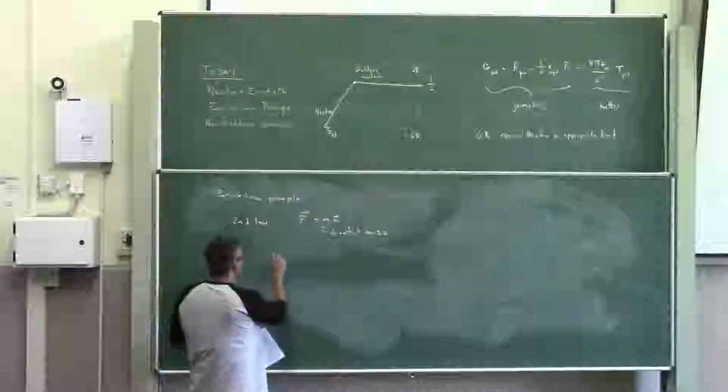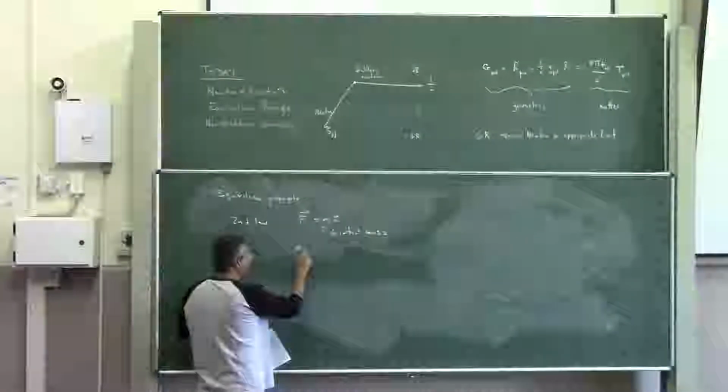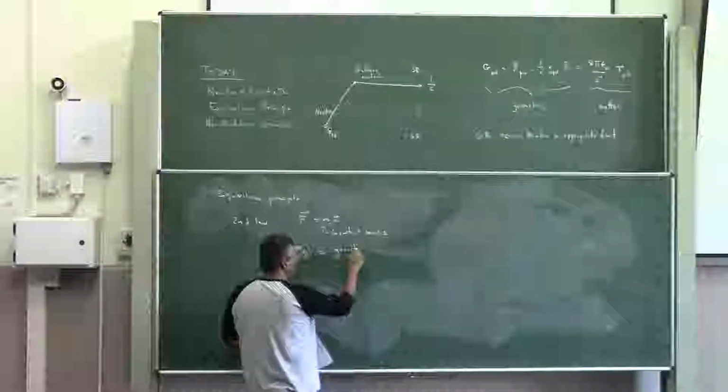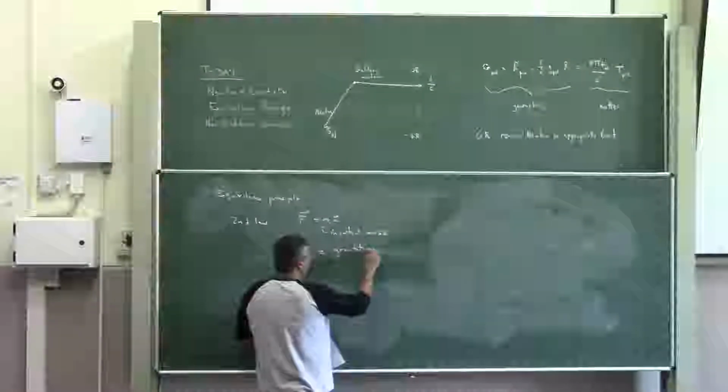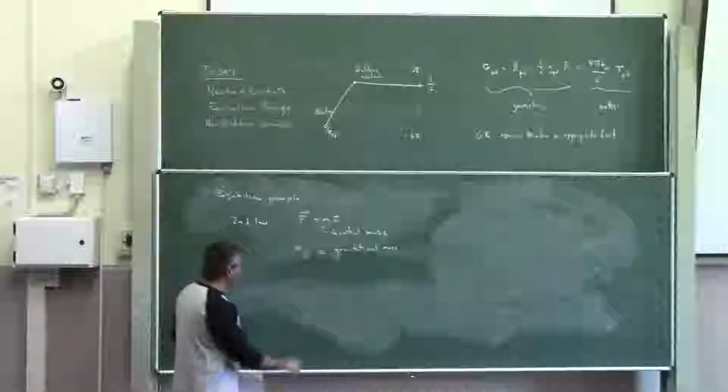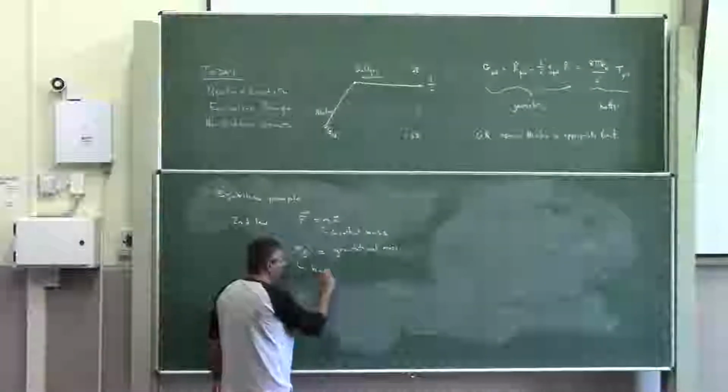So there's another concept, m_g, which is gravitational mass, which is the response of an object to a gravitational field.